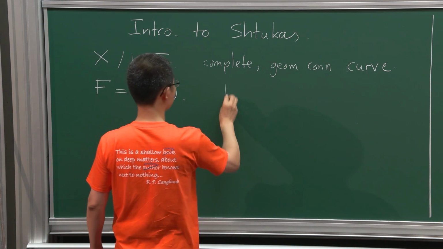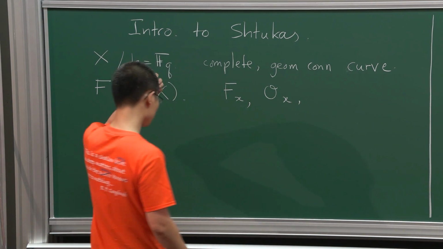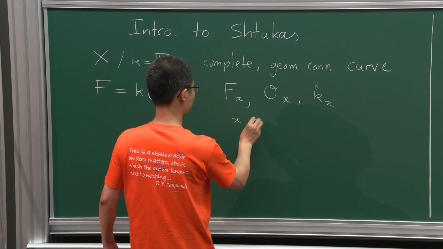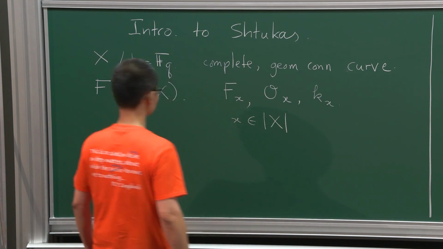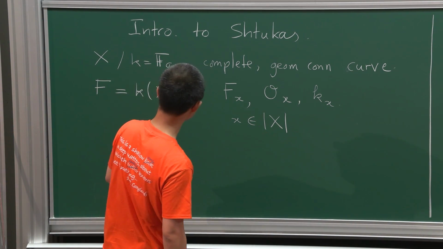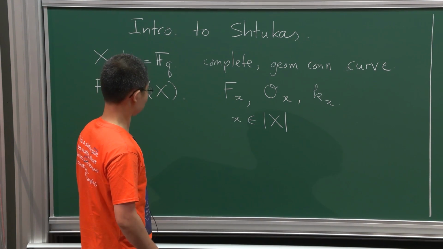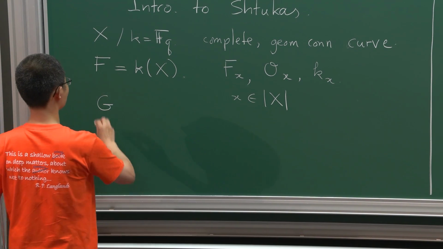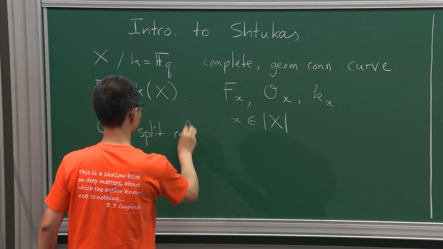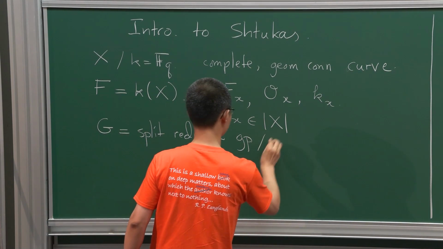And we'll freely use familiar notations like these completed local rings and local fields, residue field. So this is for any place or closed point on the curve. We have these local notations. And G will be fixed to be a split reductive group, connected reductive group over F.